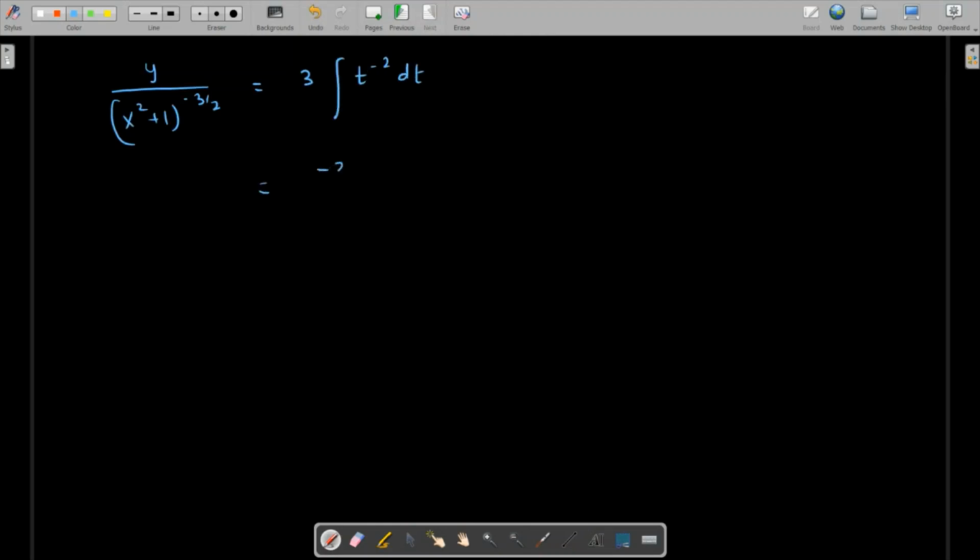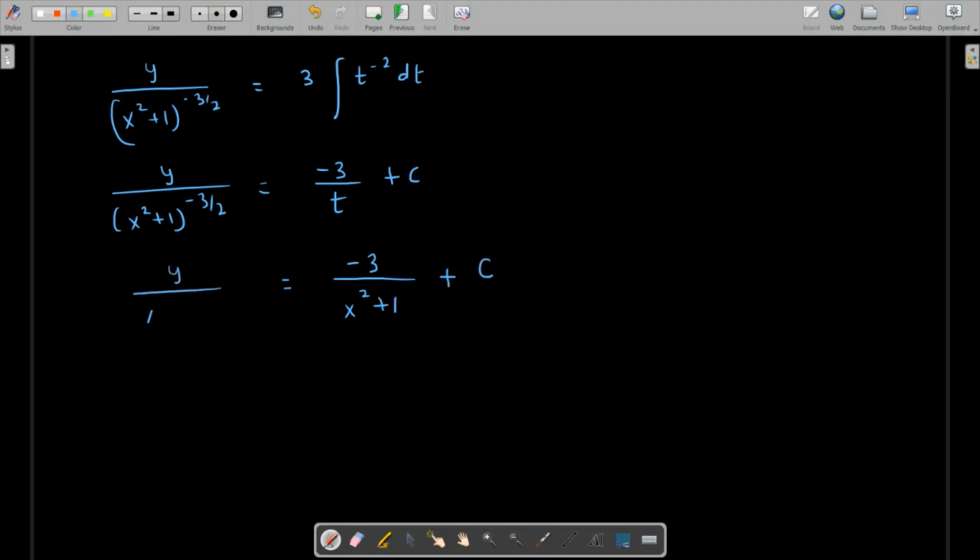So the integral looks like -3 over t plus a constant of integral c, and t is nothing but x square plus 1. So it's -3 over x square plus 1, and over here we have plus c.